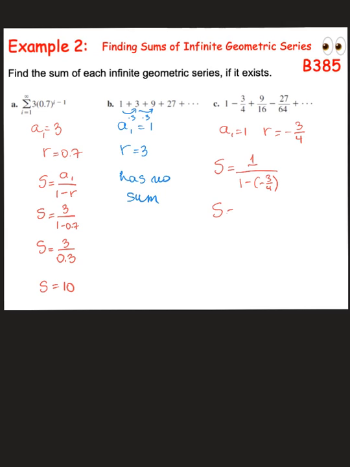So the sum is going to be 1 divided by 1 plus 3/4. So the sum is going to be 1 divided by 7/4. And when we are dividing a whole number by a fraction, we multiply by the reciprocal. So finally the sum is going to equal 4/7.